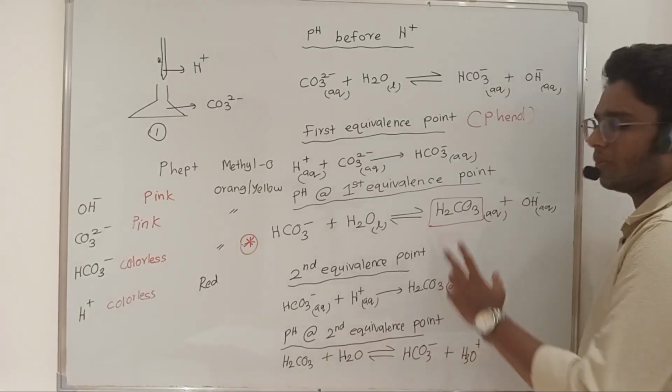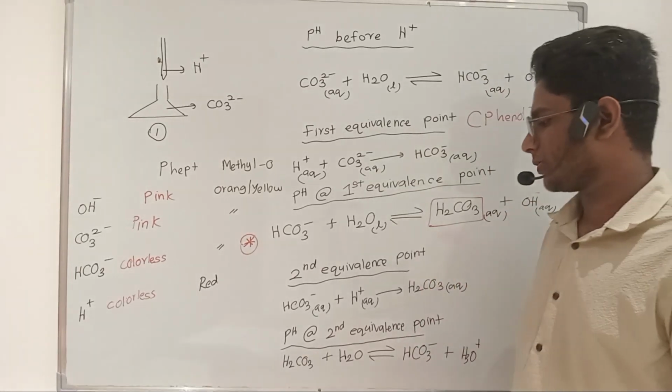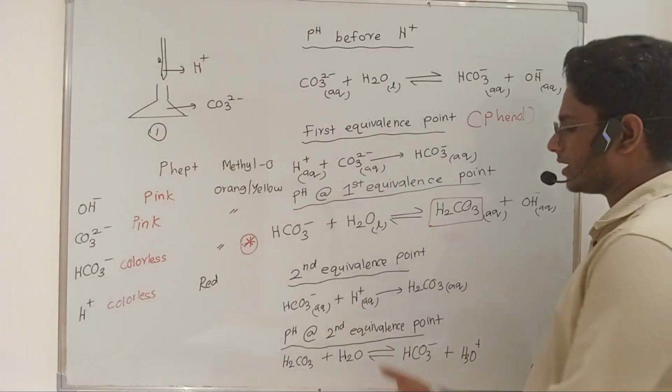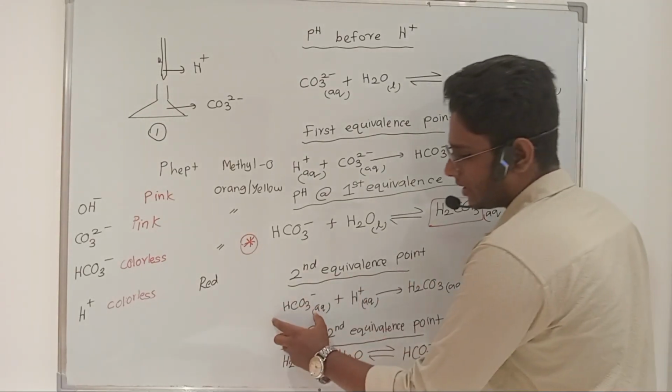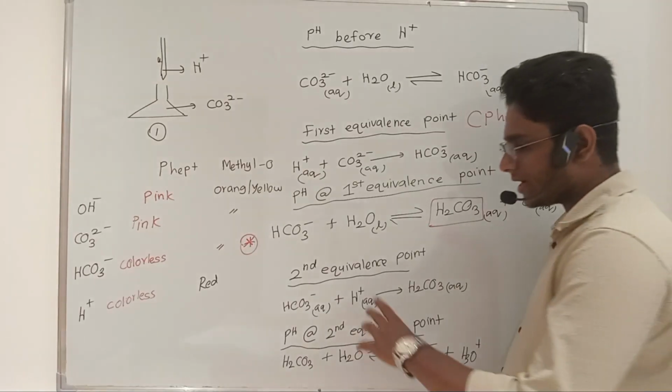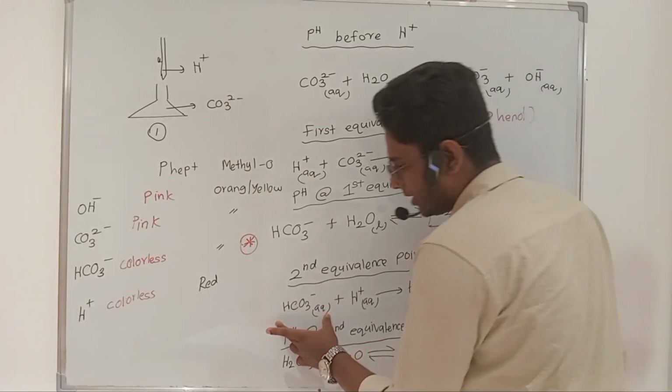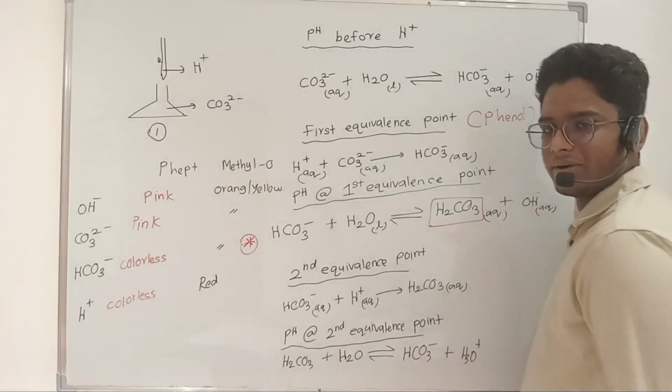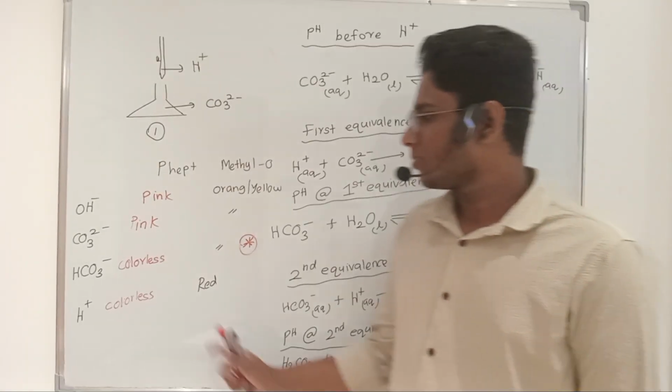Now, what indicator can you use to find the second equivalence point? At the second equivalence point, what is happening? Bicarbonate is converting to carbonic acid, right? So the indicator must show a different color at bicarbonate, and a different color when carbonic acid is formed. Now look at phenolphthalein.